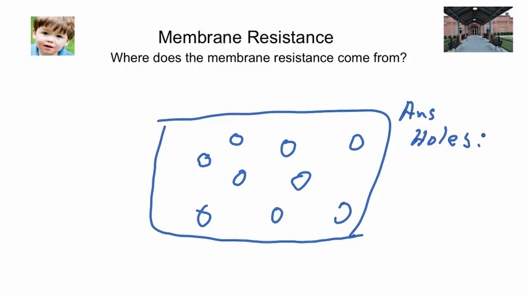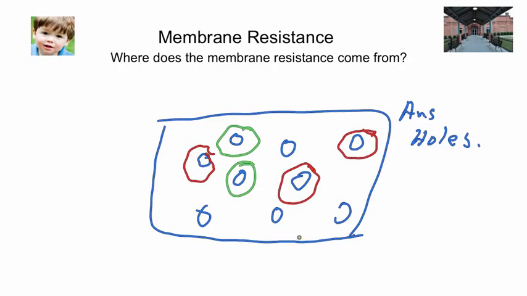So we might take these holes and say, actually, this one is a potassium channel, and this one is a potassium channel, and this one is a potassium channel. But then this one is a sodium channel and a sodium channel, and a sodium channel and a sodium channel. And then we have one other over here, and this one is just a leakage hole. It just happened to have gotten in there.